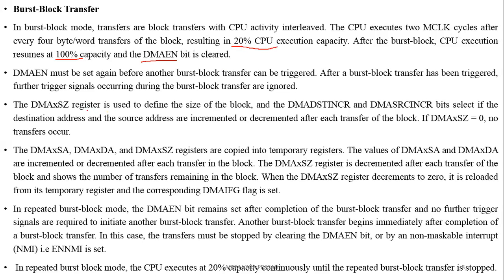Then DMA, same thing as I explained; here you can replace with block bits. When DMA size is 0, the data transfer will be stopped. Similarly, the original addresses will be copied into the temporary registers.